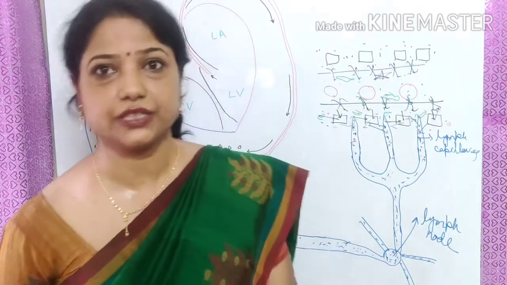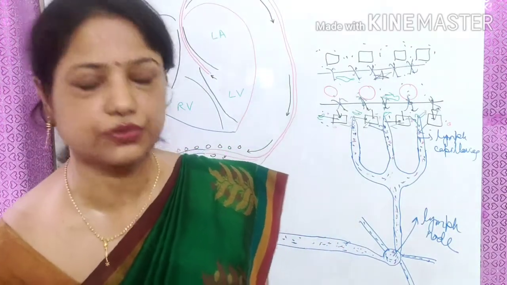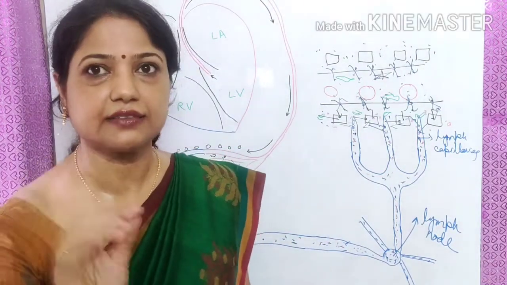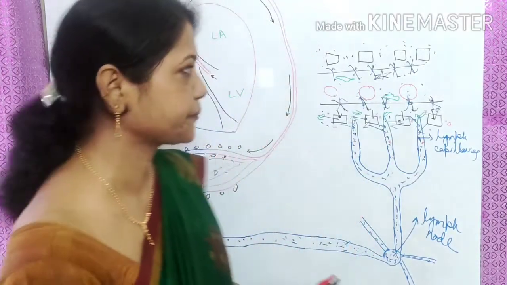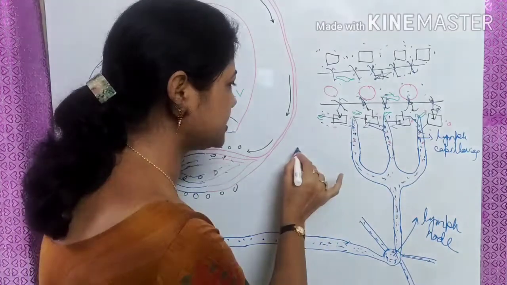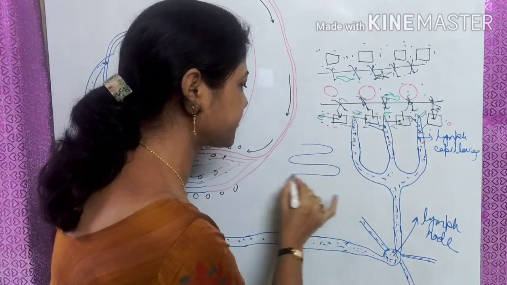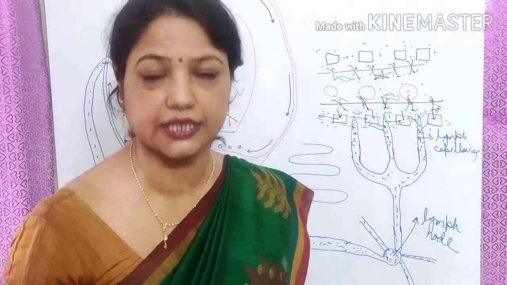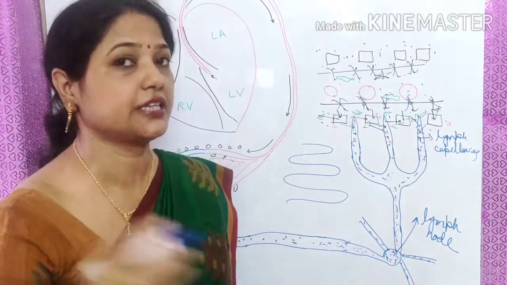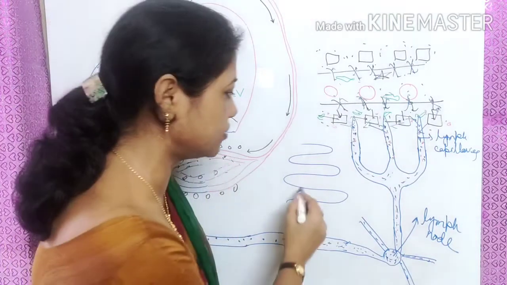Children, before going to the function, let me tell you one more thing about lymph: there are other special lymphatic vessels present near the intestine. Suppose this is the intestine of the body. You know that food particles are digested in the intestine, and the digested food comes out from the intestinal wall.